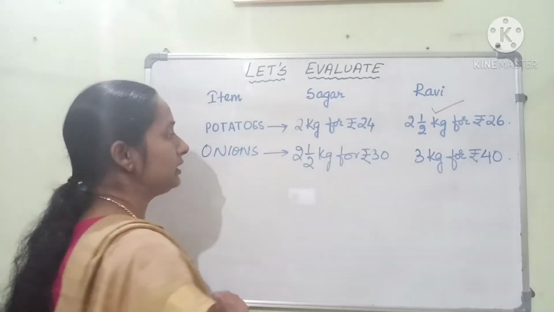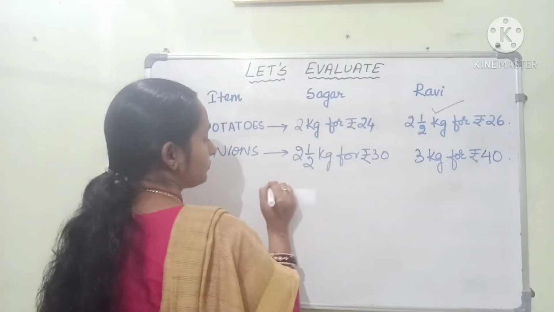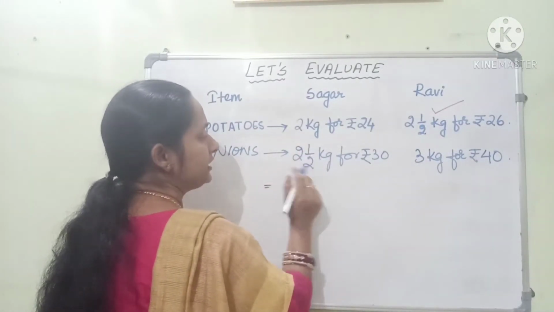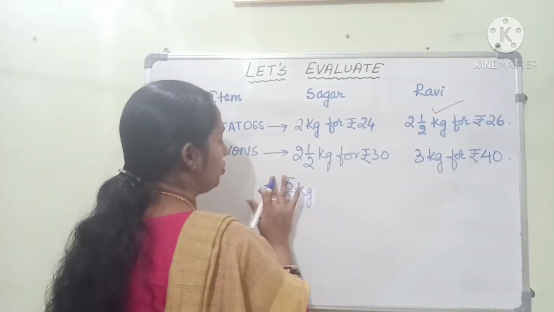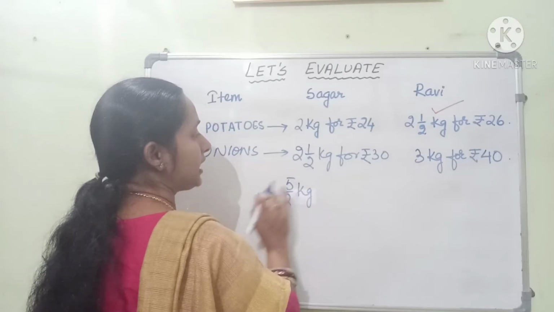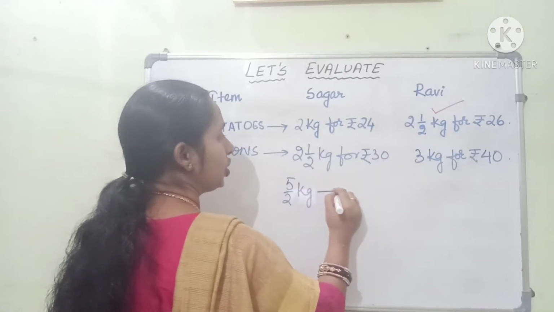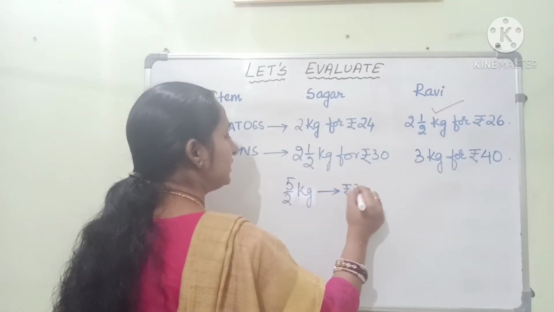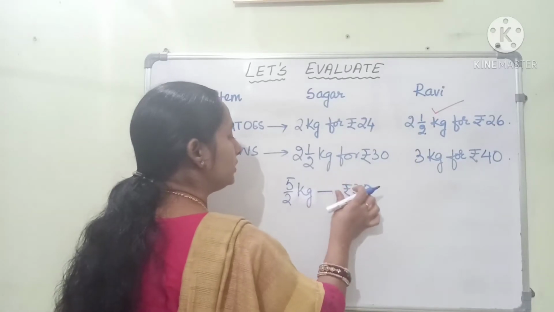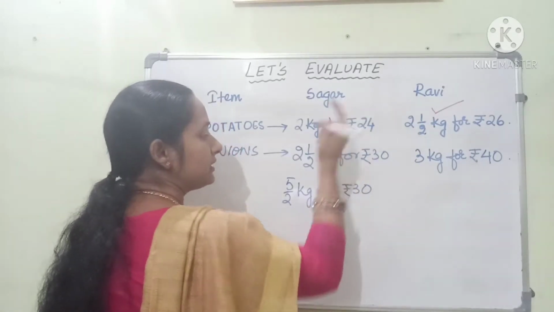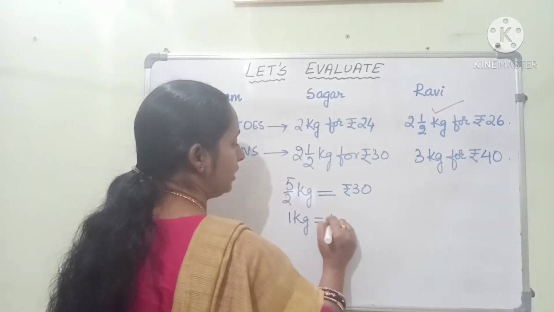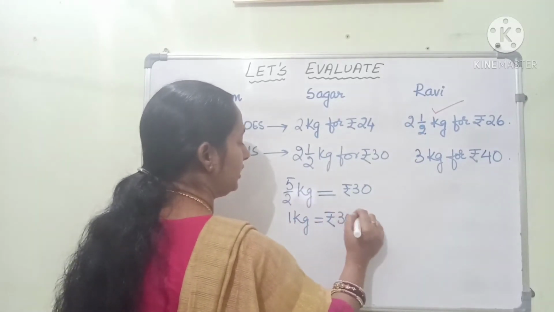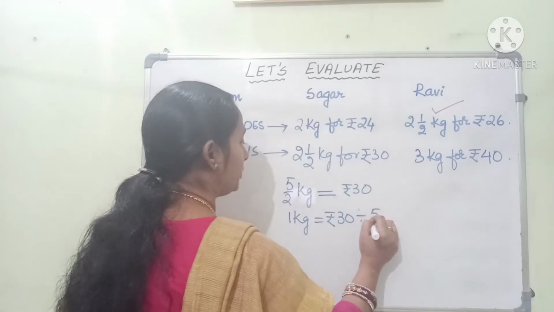So 2.5 kgs means it is 5 by 2 kg. 5 by 2 kg onions are purchased at the cost of rupees 30 by Sagar. Then cost of 1 kg onion will be rupees 30 divided by 5 by 2.